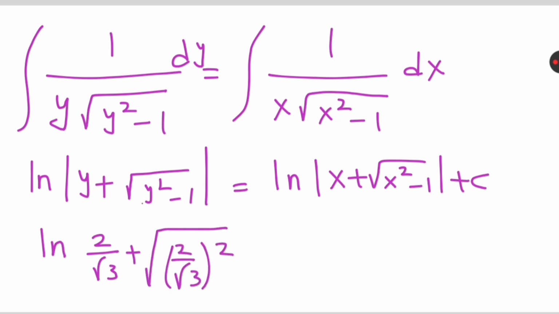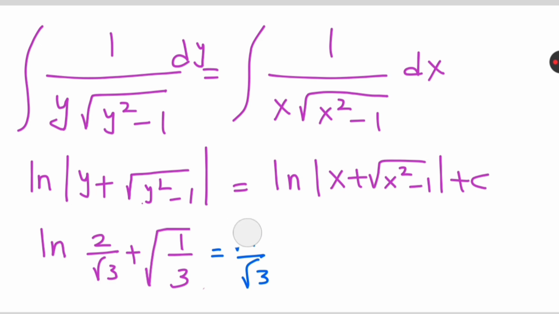If you do the whole square, then 2 square is 4 in the numerator, and the denominator is root 3 whole square, which is 3 only. So it becomes 4 over 3 minus 1. If you take the LCM, the LCM is 3, so 4 minus 3 gives 1 over 3. So after simplifying, you will get 1 over 3 only. This square root of 1 over 3, we can write as square root of 1 over square root of 3, isn't it? Square root of 1 is nothing but 1 only.